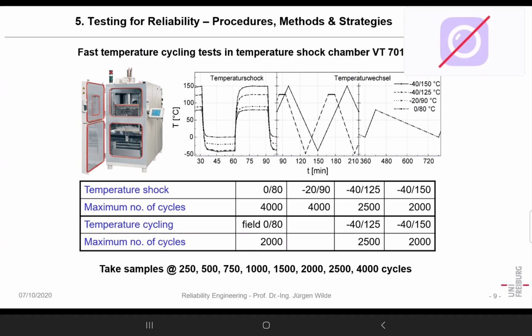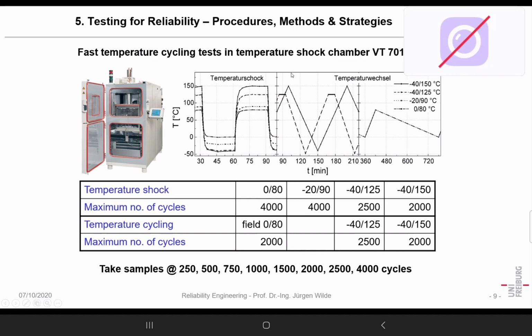So if it's a little bigger part, it's not 10 seconds for the temperature change, but it can be minutes at least. So typical times here are 30 minutes dwell and 30 minutes dwell here.